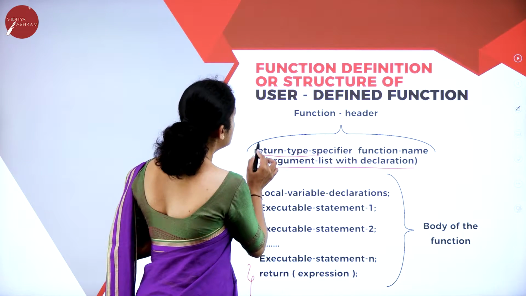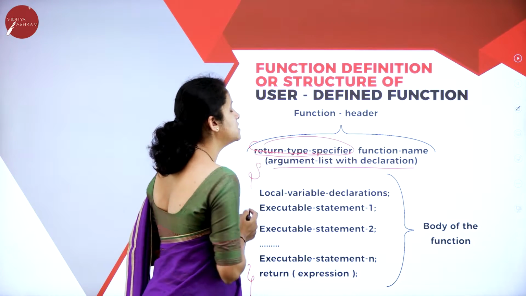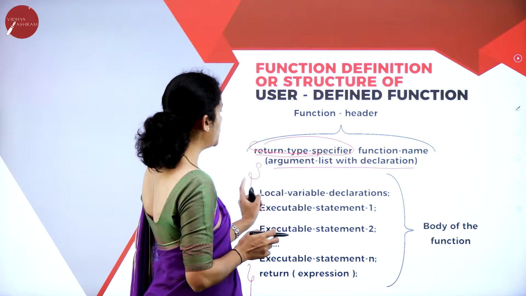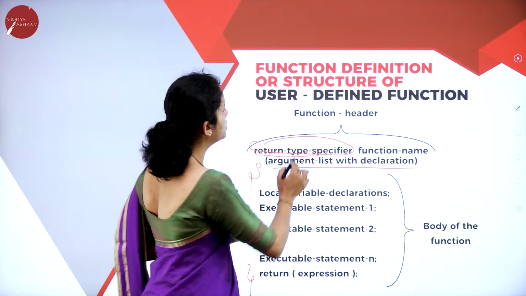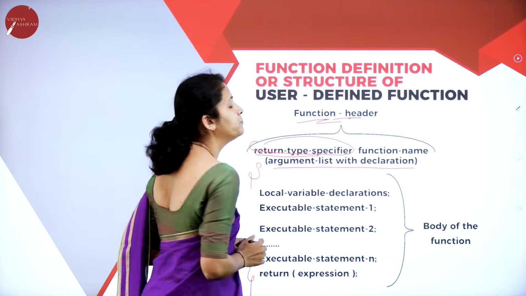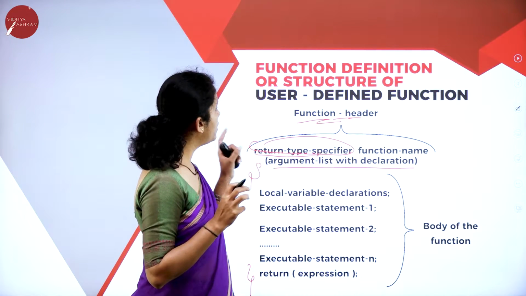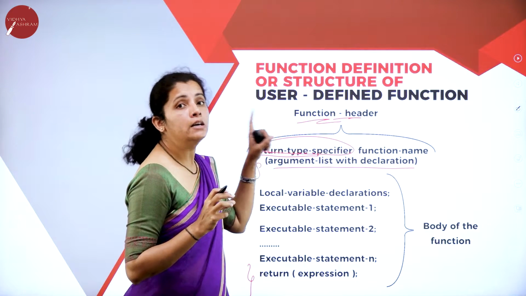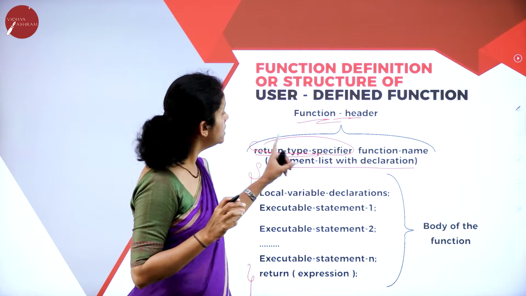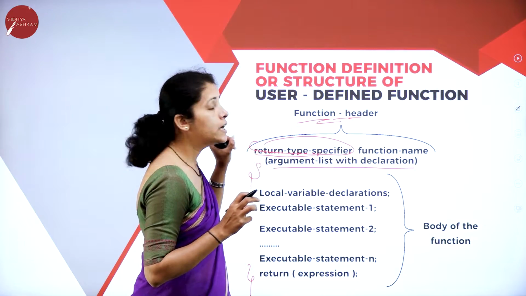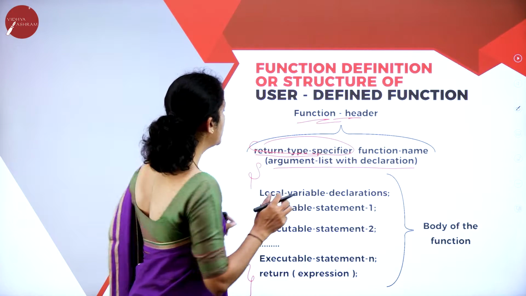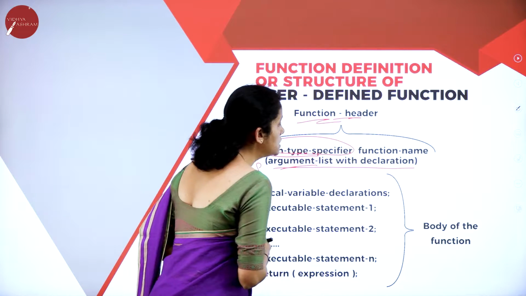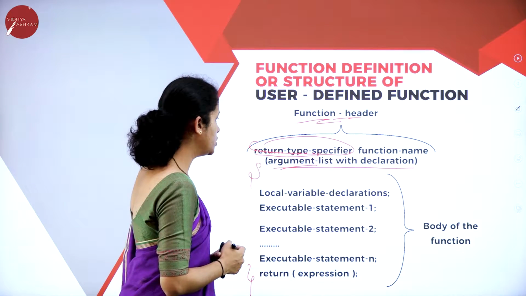Now, this return type specifier, function name as well as argument list declaration together are called the function header. So, what is the function header here? The function header includes the return type specifier, the function name along with the argument list and declaration.